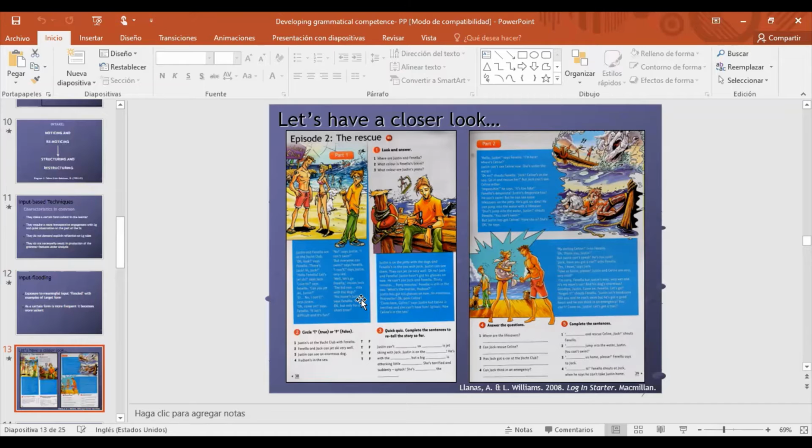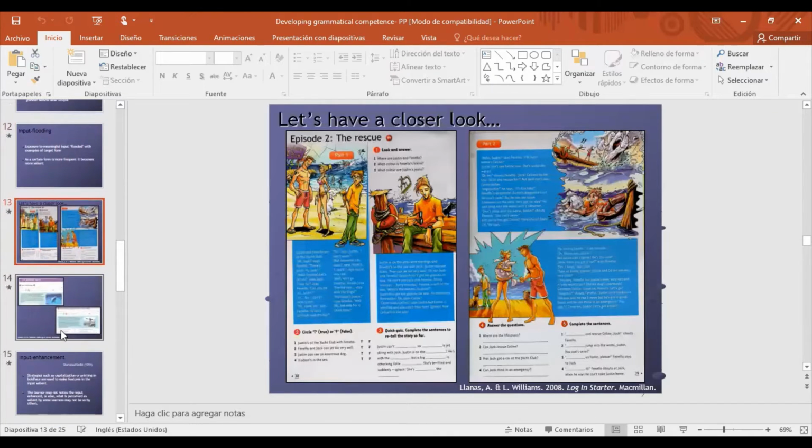But the idea is that there are many instances of the target form that we want our students to focus on. And because there are many instances, they will realize that there is something new there, and they will also realize eventually how a particular form of language is formed, if we are talking about grammar mainly. Clear?